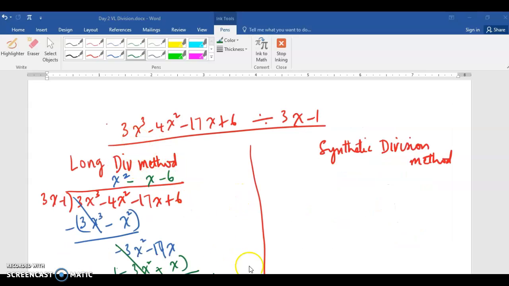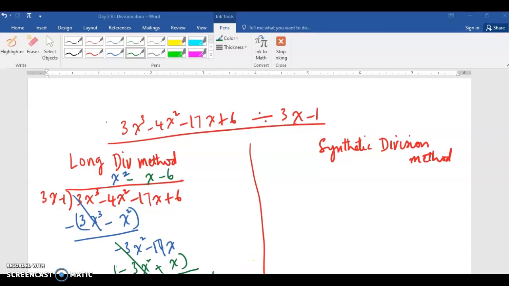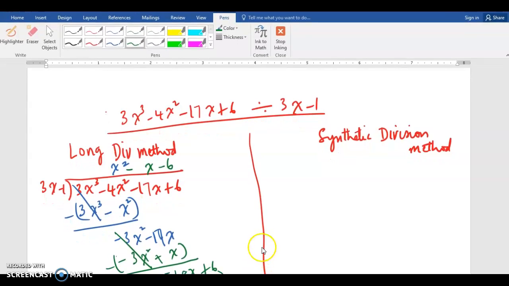Okay, so I want to draw your attention to yet another kind of problem, which is really interesting. I chose this one just so that there will be some coefficient for the divisor here. So what would you do? So we have 3x minus 1 as a divisor, right? So here I have done the long division method just so we can compare our answers in the end.